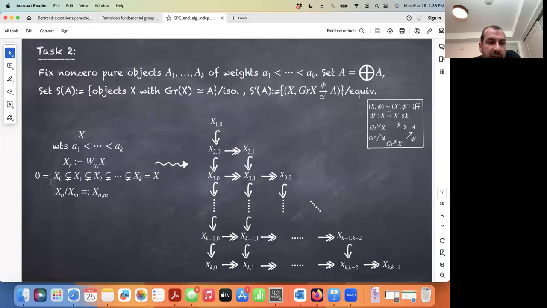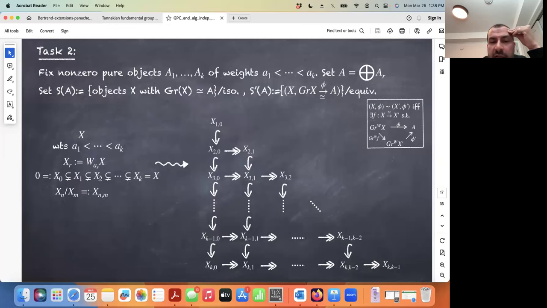Then X0, I'm just going to declare to be 0. So I've got this filtration on X. And now I get these quotients of Xn by Xm, as long as m is less than or equal to n. I'm going to denote that by Xn,m. So this means Xn modded out by Xm. These are the obvious quotients that you get from this filtration.